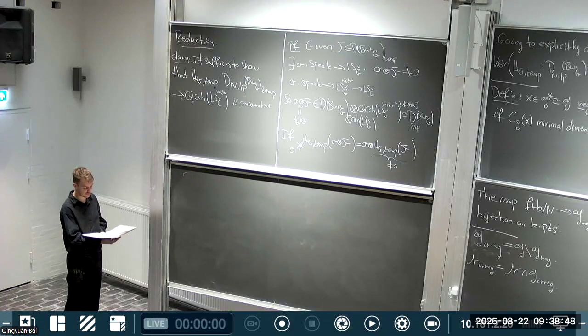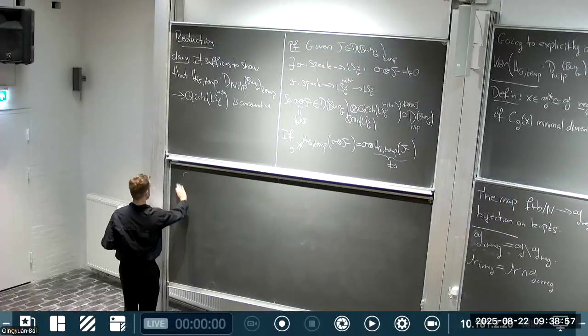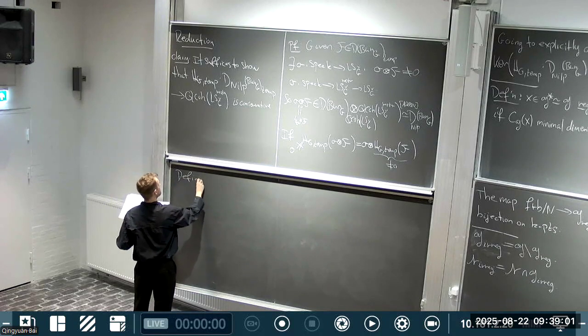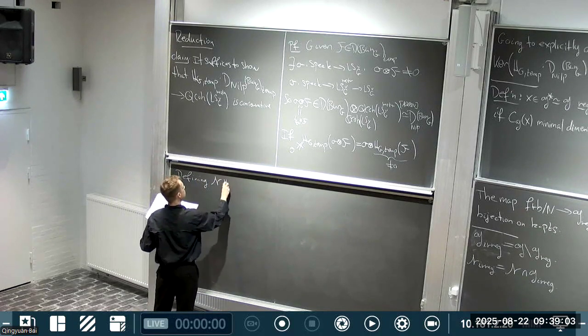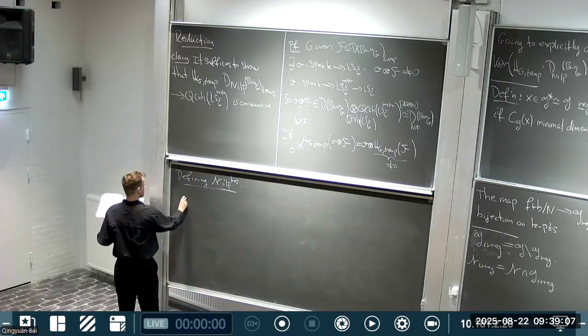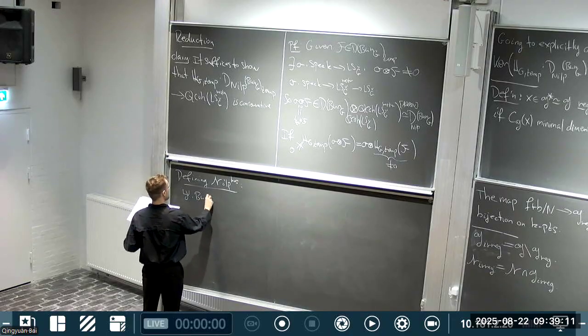Let's define this nilpotent cone. Okay, so defining the Kostant section. We have this character psi defining omega.